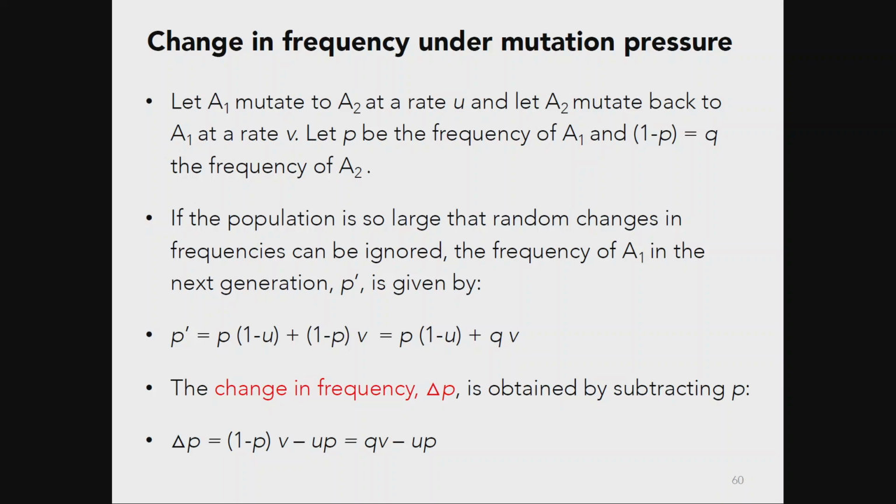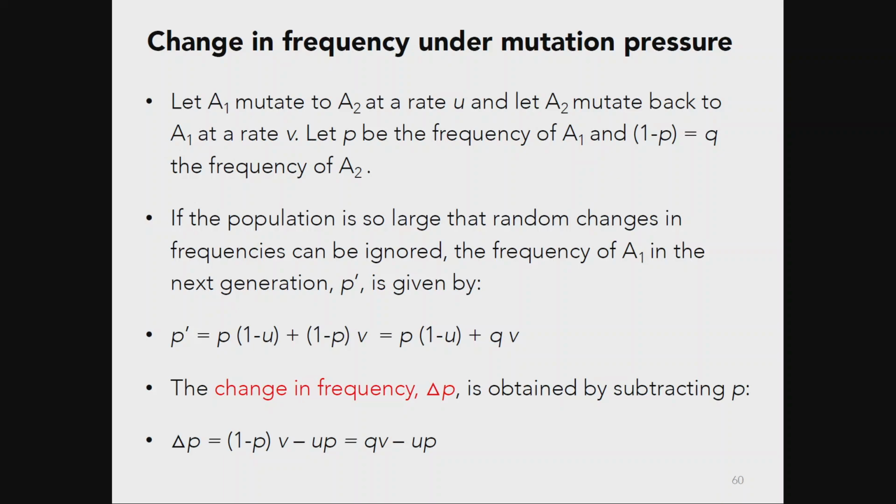Times the frequency. With this probability, we're going to get a contribution to the A1 alleles in the next generation, right? These are going to contribute to this pool of A1 alleles in the next generation. But then I also have A2 alleles, with a frequency of 1 minus P, or Q. Why do I care about A2 alleles?